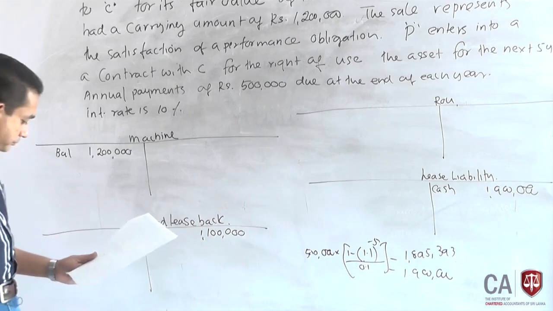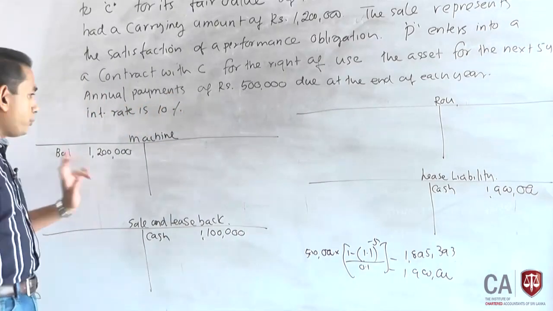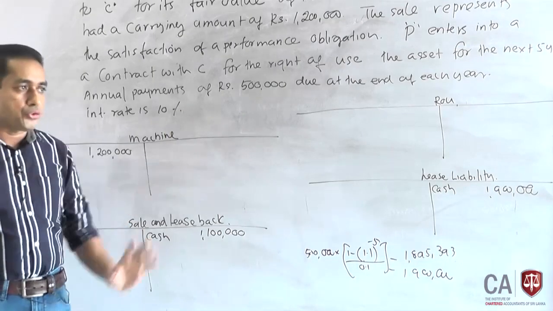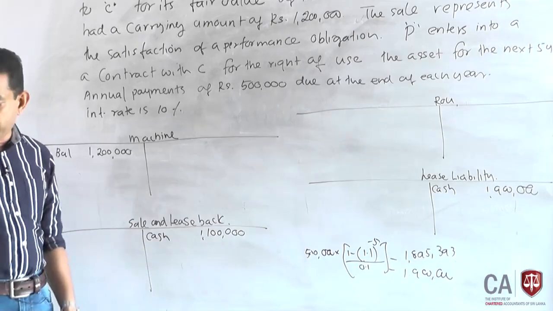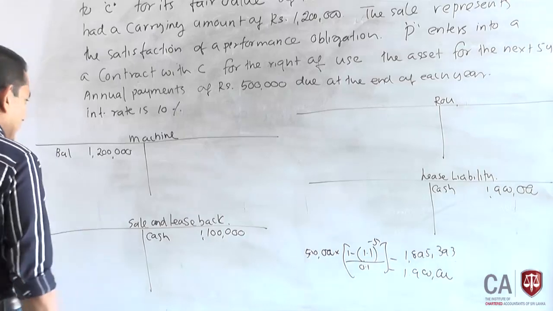Then, of this 1.2 million asset value, partly you have sold and partly you have retained for the use. So, how will you calculate the right of use asset?